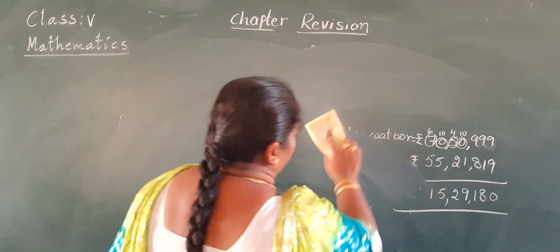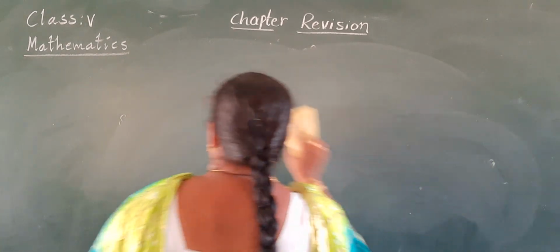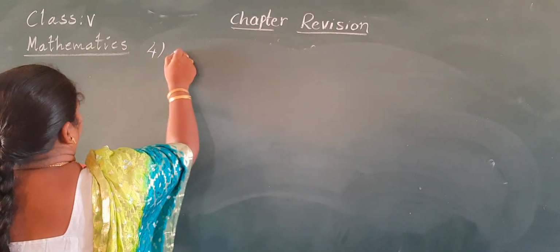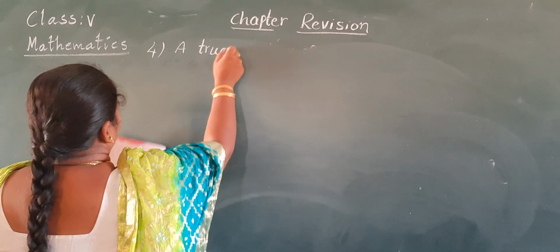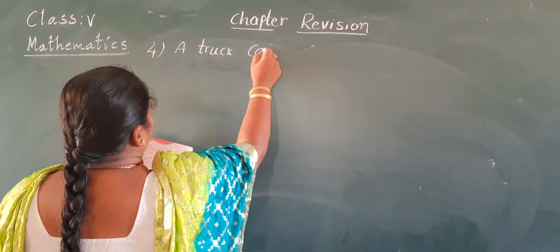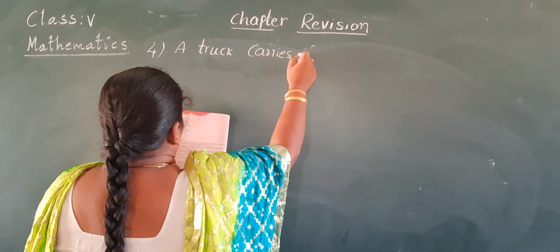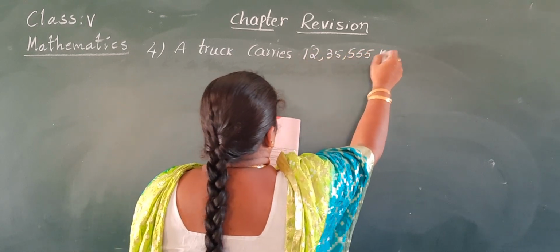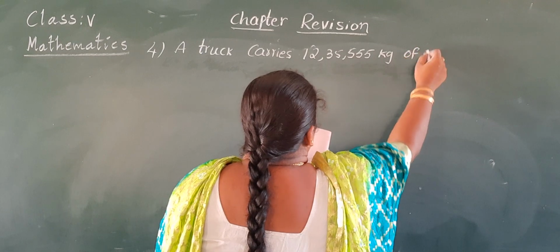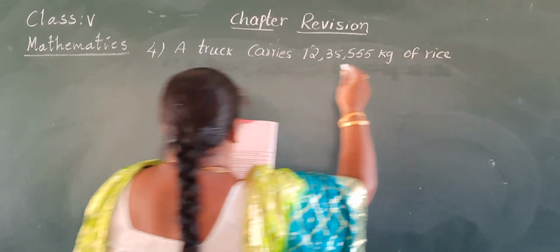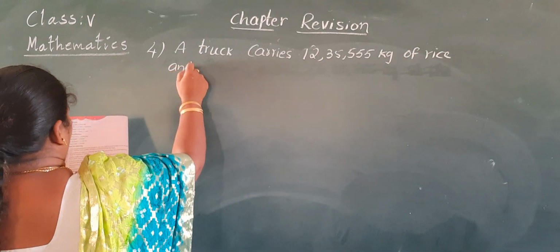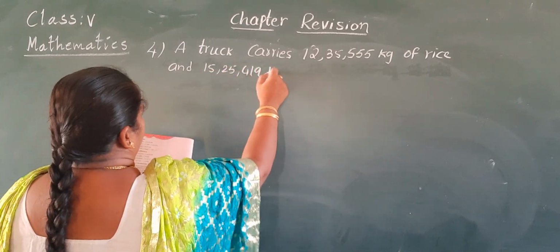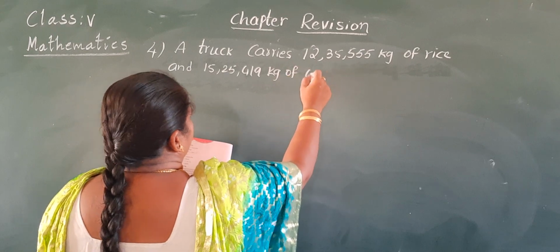So I'll write the problem, Nana. Fourth one, a truck. Write along with me, ma. A truck carries 12,35,555 kg of rice and 15,25,419 kg of wheat.